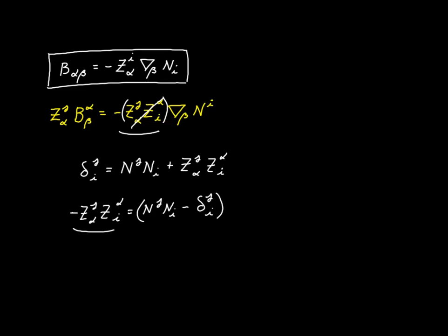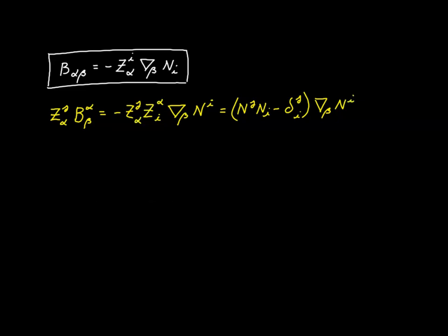So that's what we'll do. This is all equal to this expression, Nj Ni minus delta Ji. So that whole expression takes the place of this, and then we have the covariant derivative of our normal component right here.